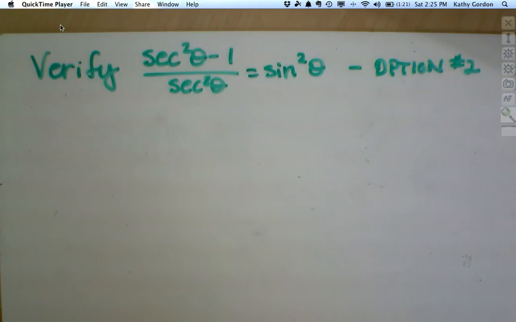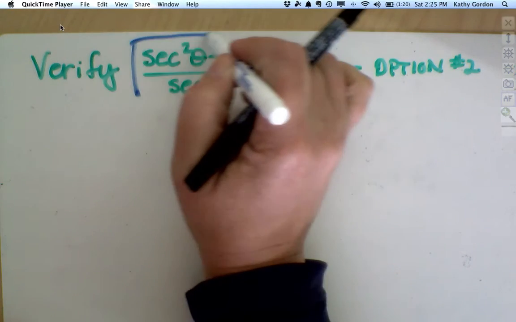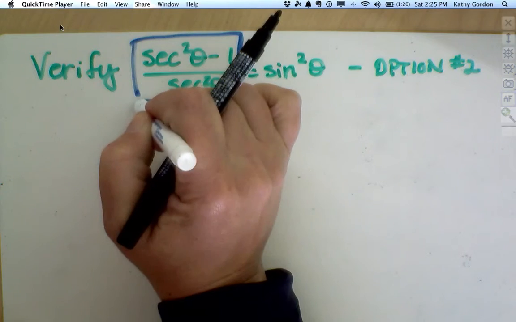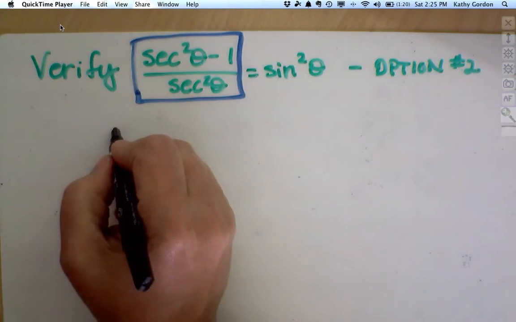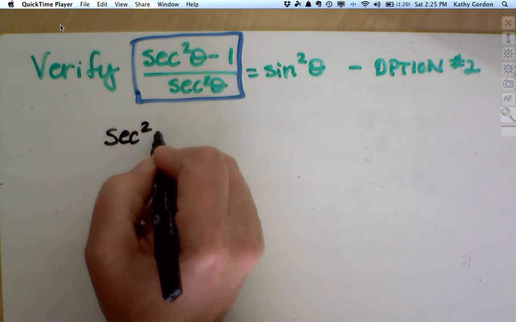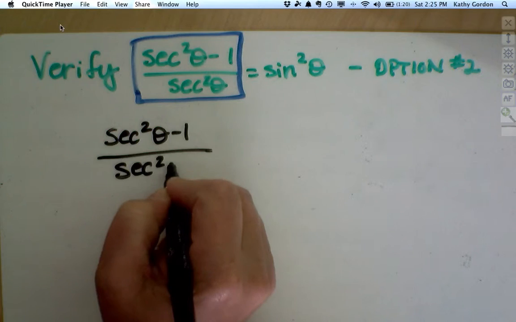Okay, so it's the same statement that we're trying to verify, and I'm still interested in starting with this side because it is still the more complicated side. So that's going to be my given, and I'm going to rewrite that, secant squared theta minus 1 over secant squared theta.